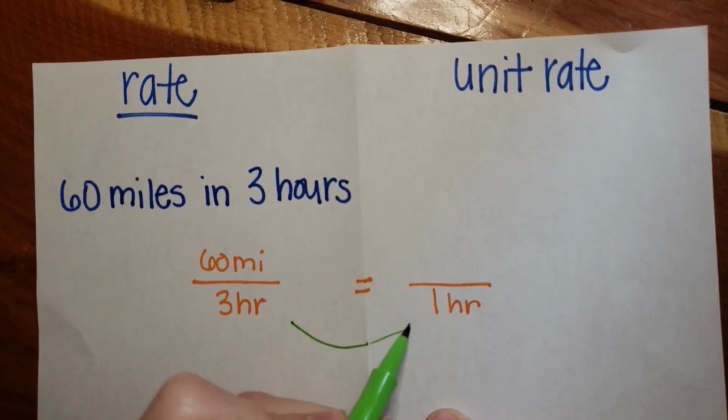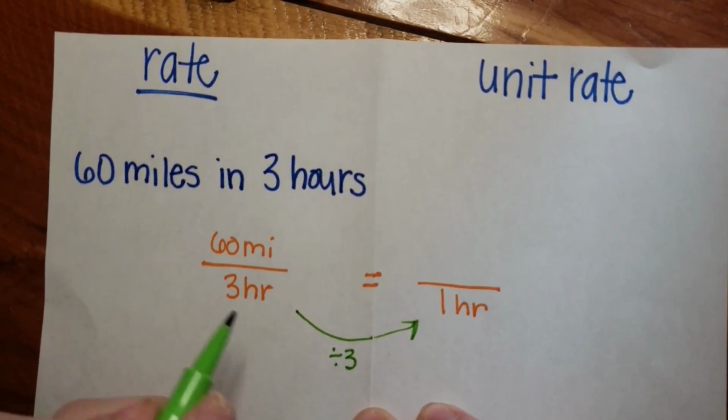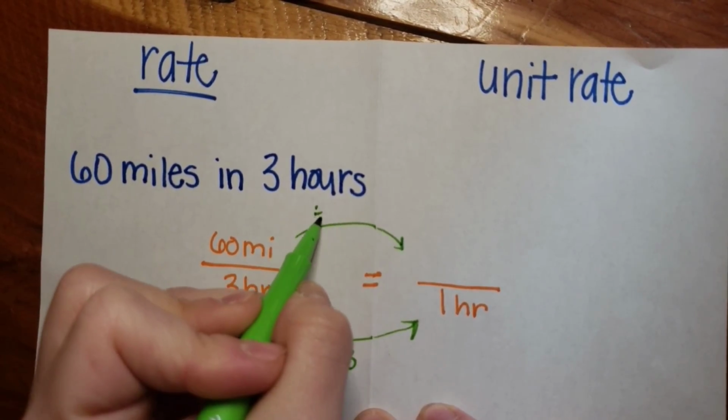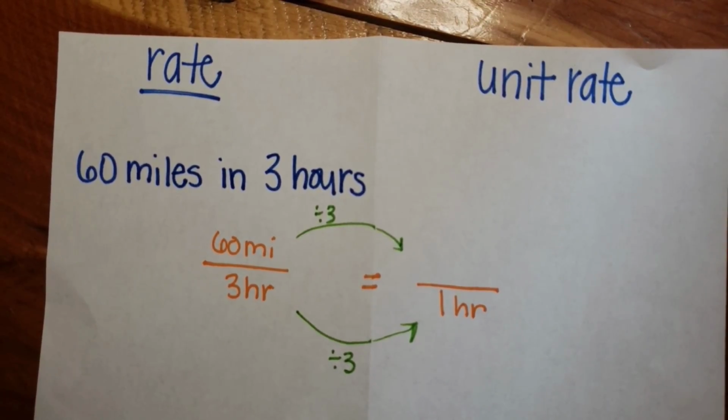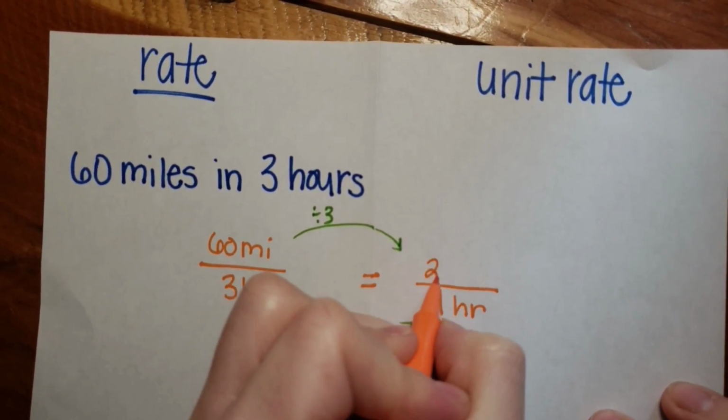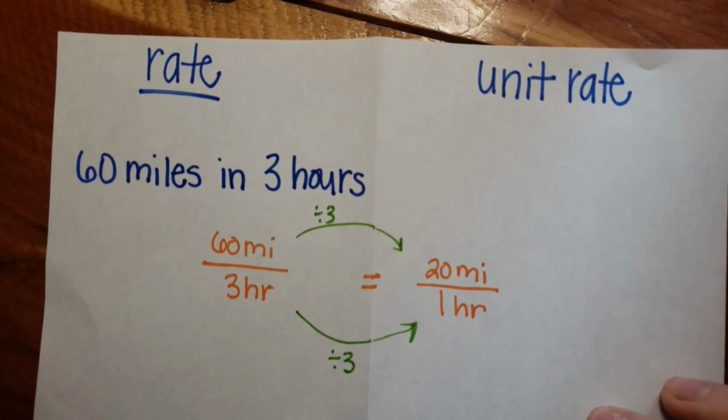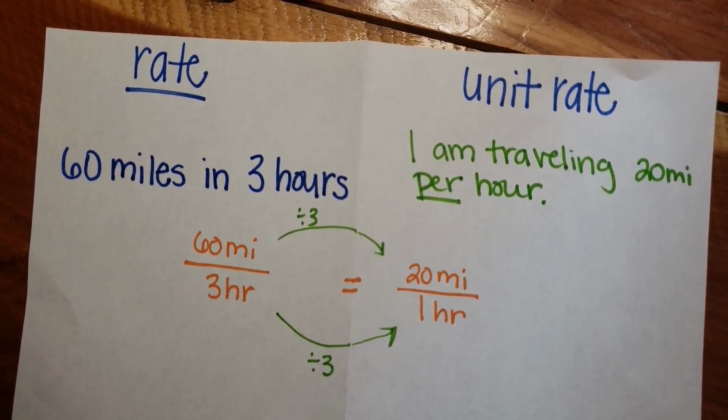We're going to divide by 3. And 60 divided by 3 is what, guys? That's right, 20 miles. I am traveling 20 miles per hour.